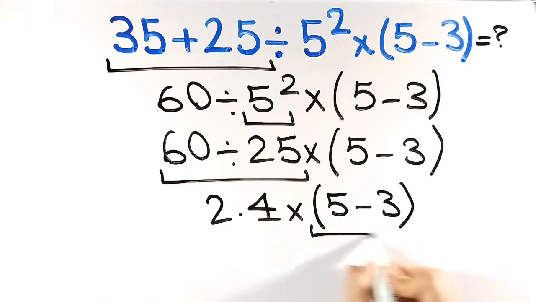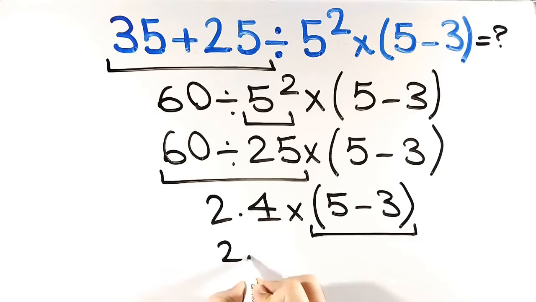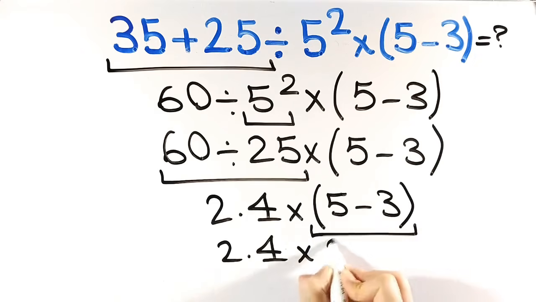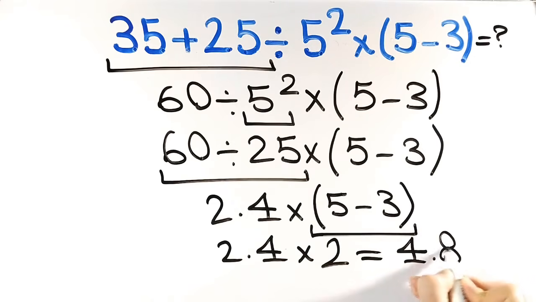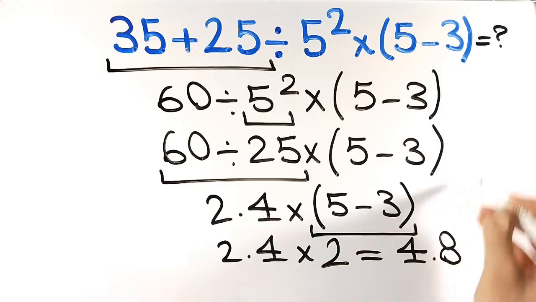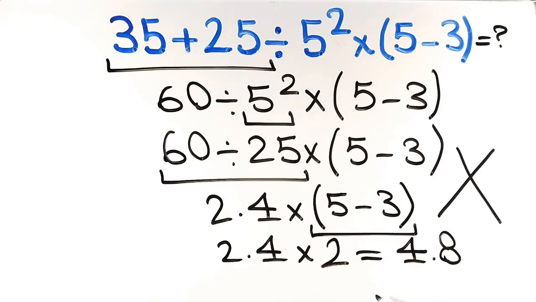Next, they go to the expression inside the parenthesis and instead of this expression, they write 2.4 multiplied by 2, which finally gives them the answer 4.8. However, this answer is absolutely wrong.